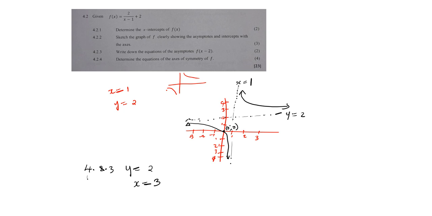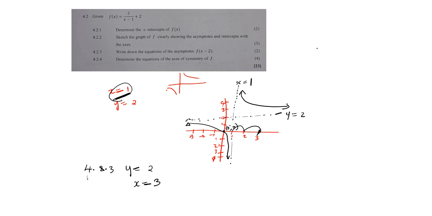You can do it algebraically. You can also do it by just looking at the graph. If we are to shift this graph horizontally to the right, it's 1. We are shifting it 2 units, right? It's 1, 2. So the equation will shift from this to x equal to 3. Or you can do it like this.